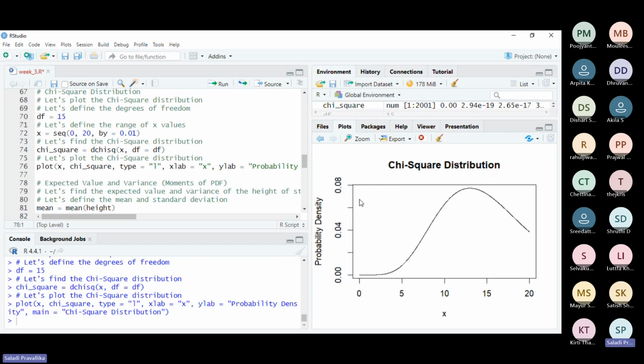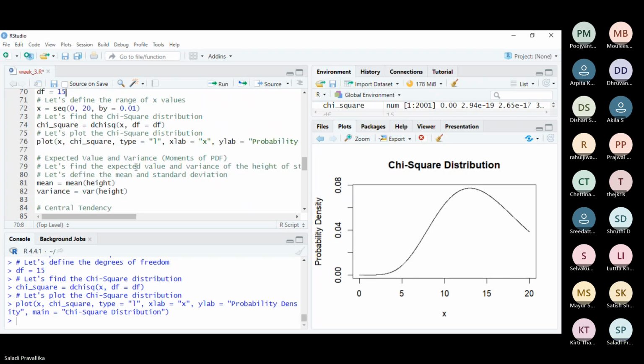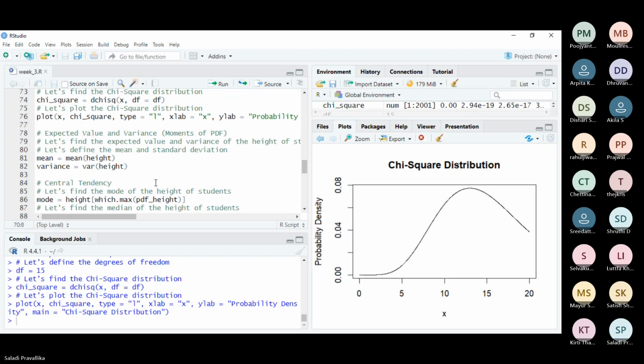From here to here, it's almost closer to 15. Before it was almost closer to 5, right? So only the degree of freedom plays an important role in characterizing the kind of distribution that you are going to have. Okay. So you can try it for 1 degree of freedom, 2 degrees of freedom, 10 and 15 as well, and you will see different graphs for everything.